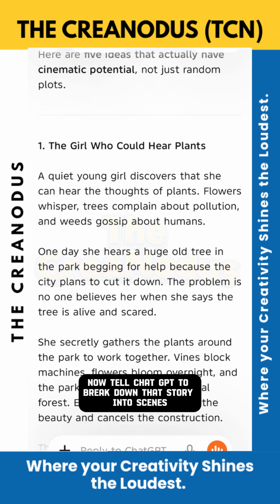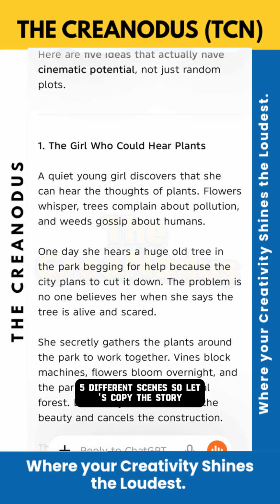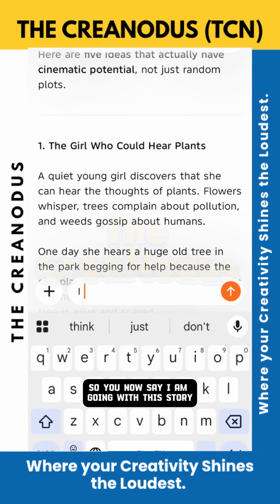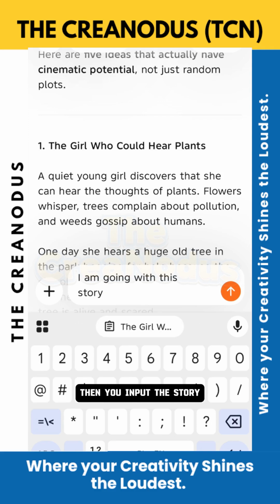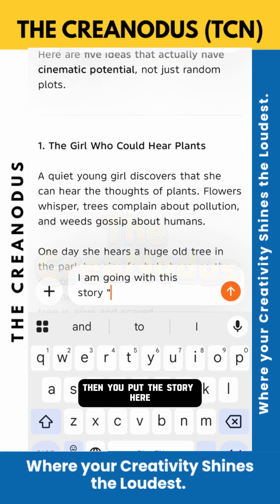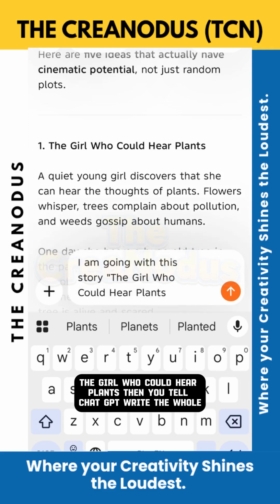Now tell ChatGPT to break down that story into scenes, five different scenes. So let's copy the story. So this is the story we want, or you can type it. So you now say, I am going with this story. Then you paste the story, the girl who could hear plants.